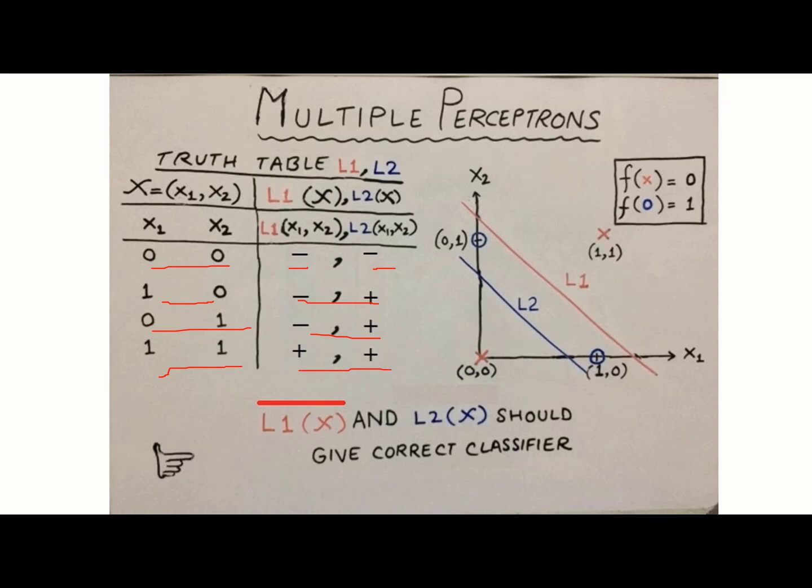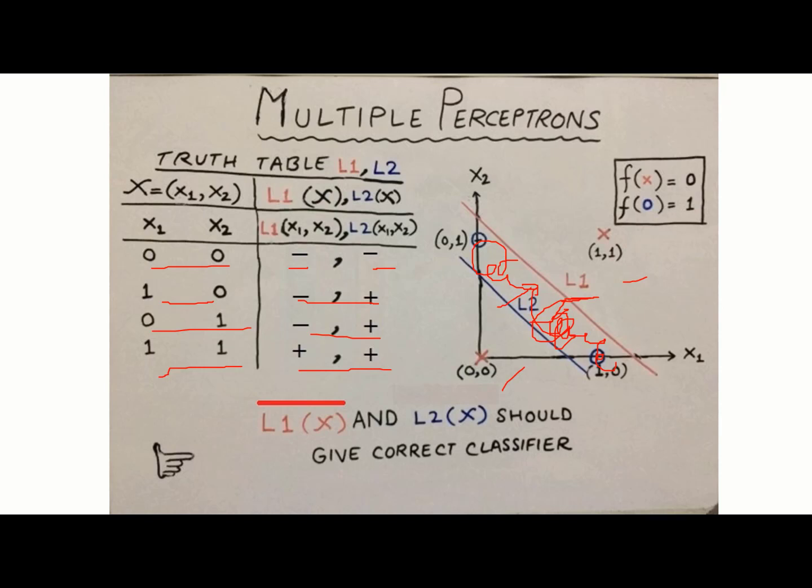Now if we want to combine the two perceptrons to give us the correct classifier, we're going to say that a point that lies below L1 and above L2, basically we're talking about this region. So all the data points in this region are lying above L2 and below L1. They have one label. And the data points which are outside this region, like here or here, have a different label.